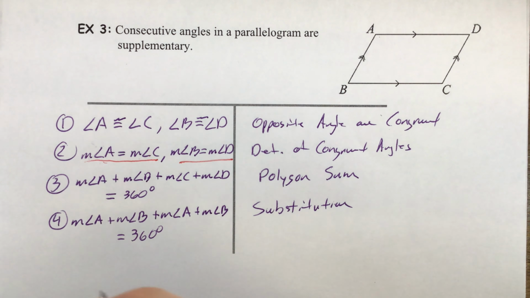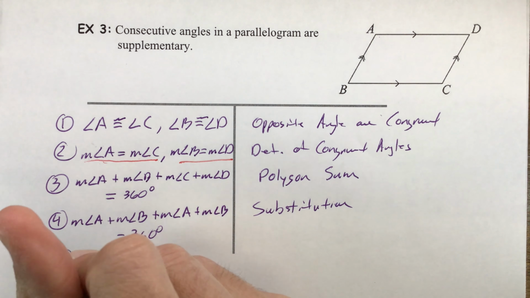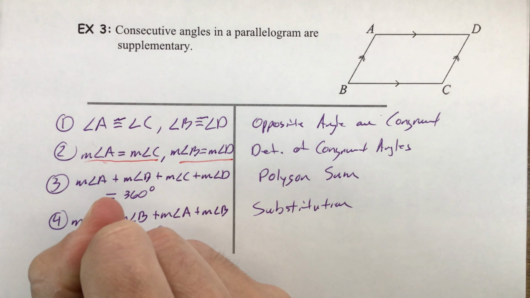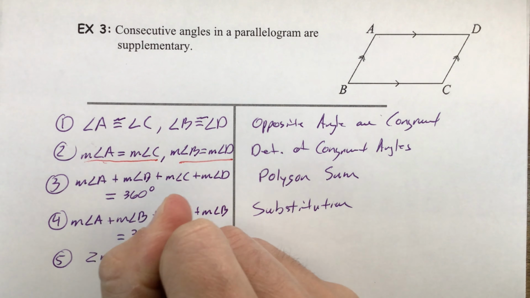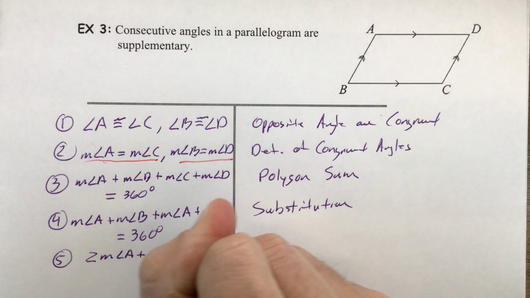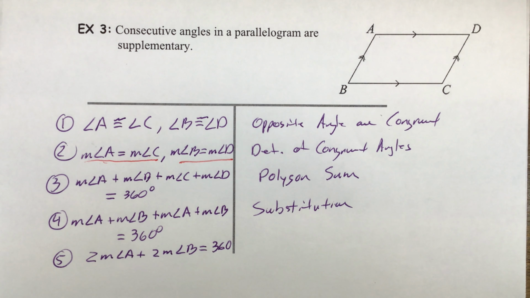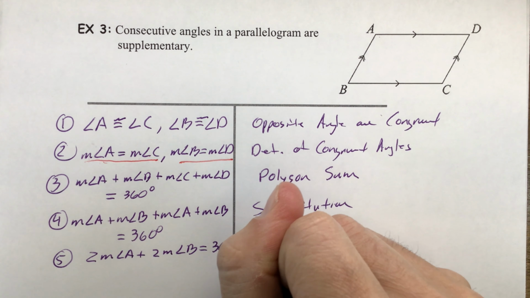And then, with a little bit of algebra, I can group like terms. I've got the measure of angle A and the measure of angle A. So I've got two of those. 2 times the measure of angle A plus 2 times the measure of angle B is equal to 360. Okay, and we could just call that combining like terms.